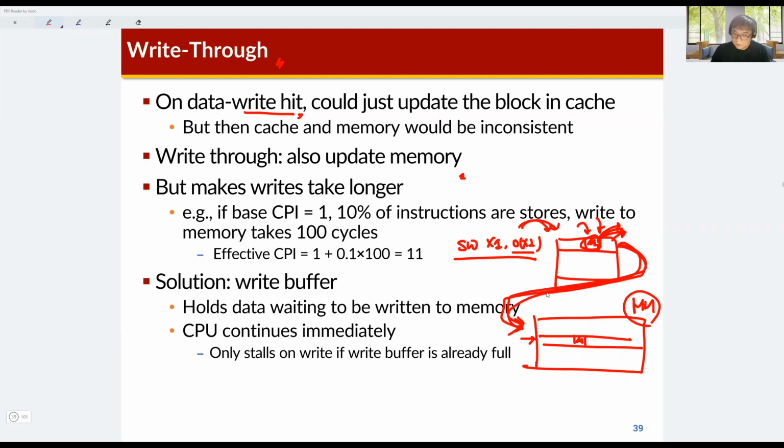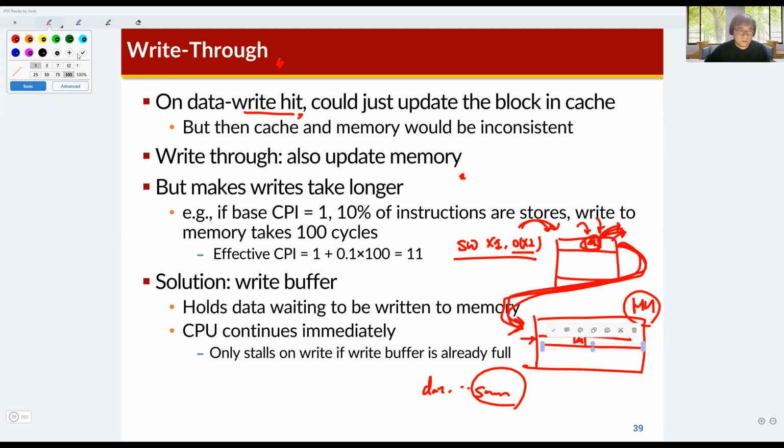So that means the data of the same address has the same value in the cache and main memory. And actually this is very important, okay? So, but what is the disadvantage of the write-through method?